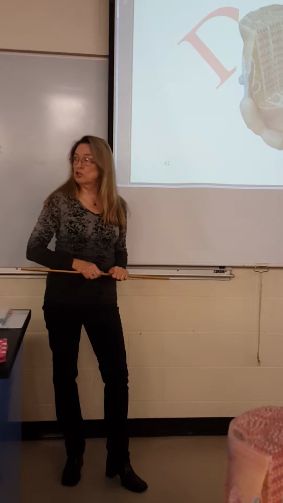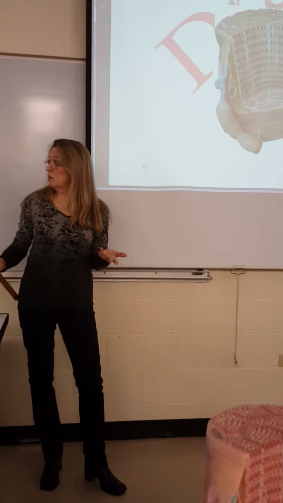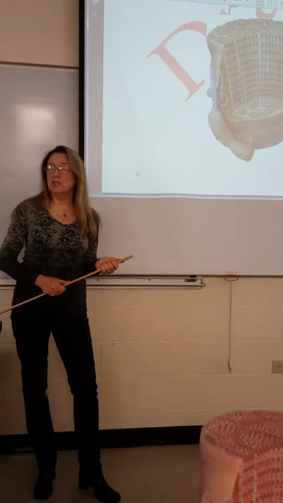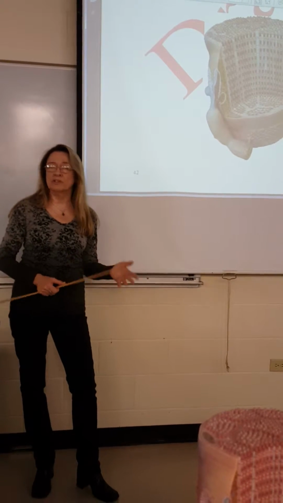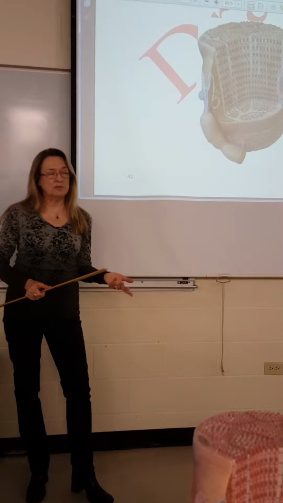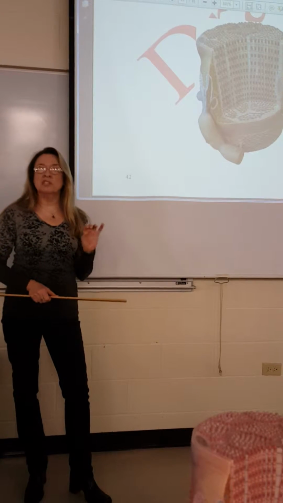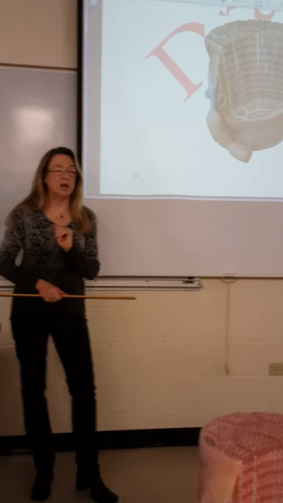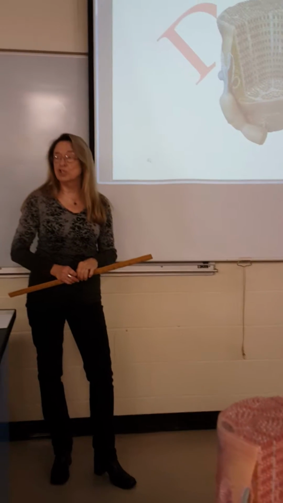Okay, it's just a junction between a neuron and another cell. It doesn't have to be muscle. It can be another neuron, it can be a receptor, some other type of cell. But this is specifically a synapse that's between a neuron and a muscle fiber, so it's called a neuromuscular junction.